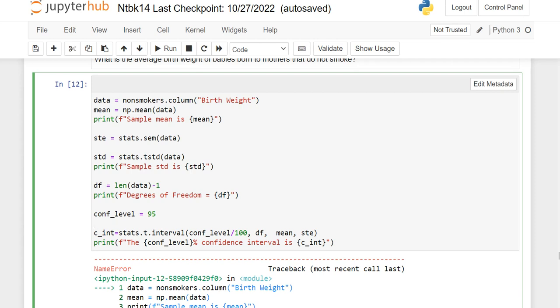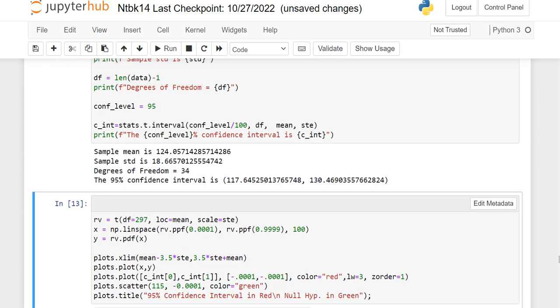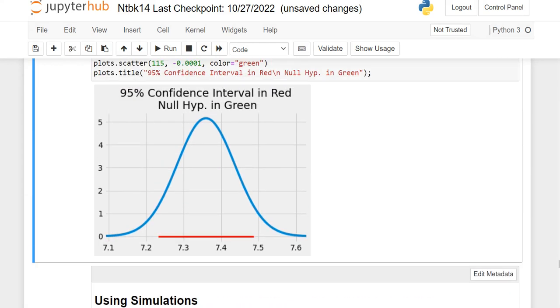And since they're doing a 95% confidence level, again, boom, we can see that we would say the average birth weight of these babies to the non-smoking moms was between about 117.6 ounces and 130.5 ounces. And again, there is a bell curve, and the middle 95% is shown in red there. That is the confidence interval.